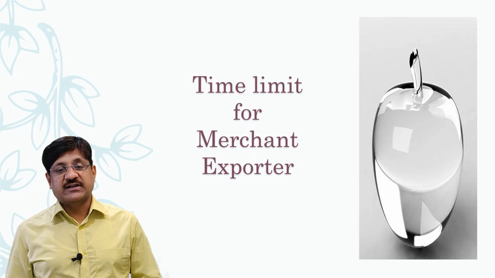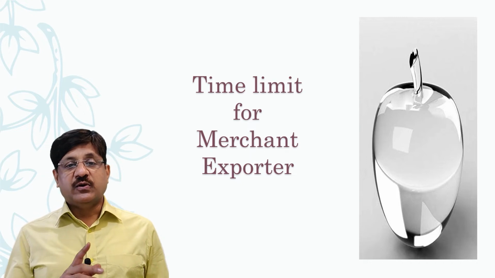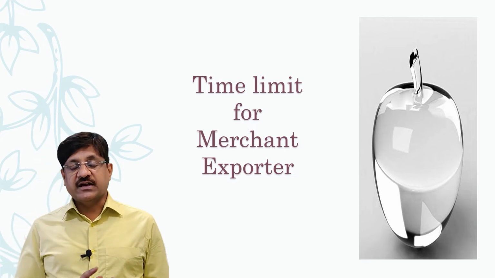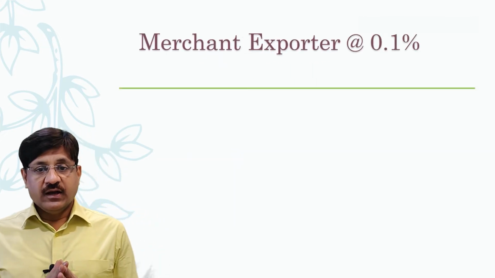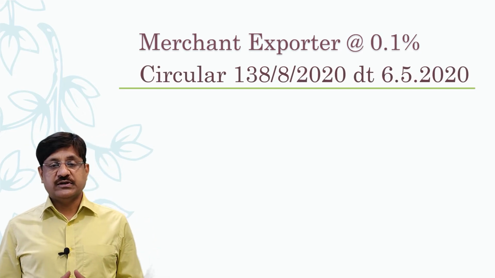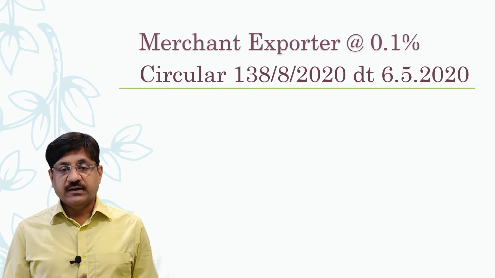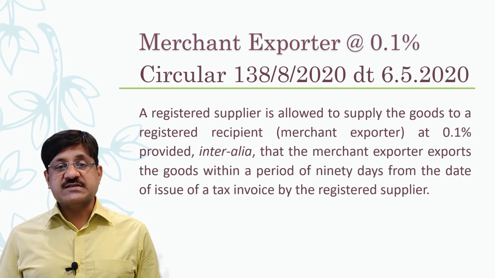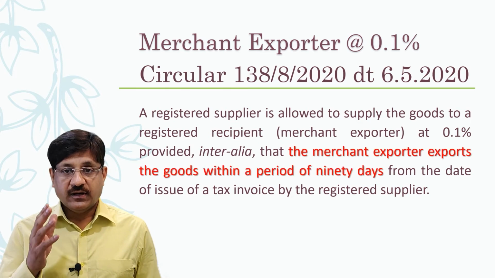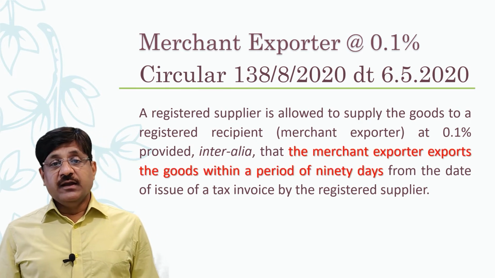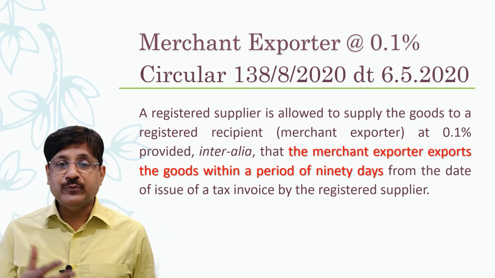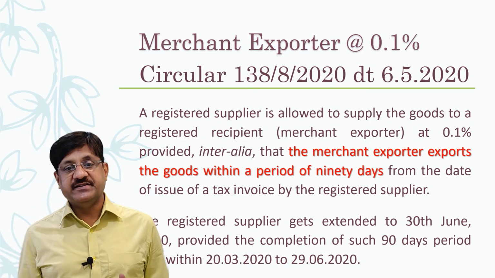Time limit for merchant exporters. Friends, all we know, notification 35 by 2020 has extended all dates to 30th June 2020, and in certain circumstances like this, merchant exporters, those who procured material by paying tax that is at the rate of 0.1%, and they have to export this material within 90 days.